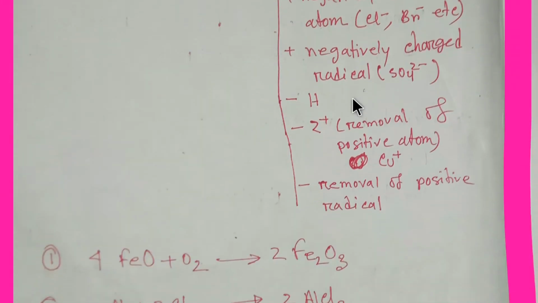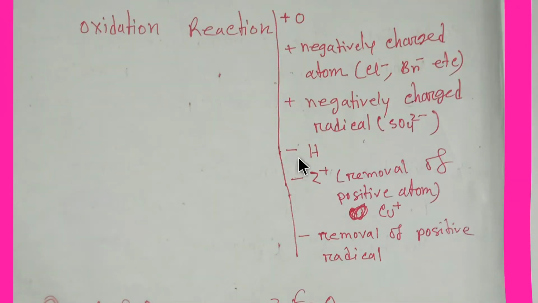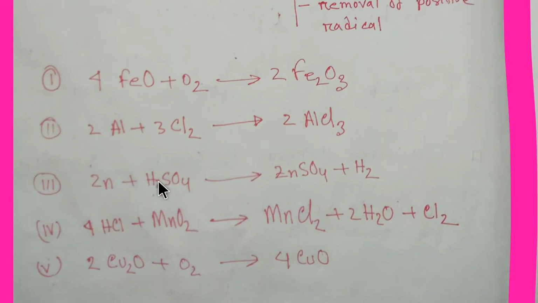Chloride, bromide, or chlorine, bromine. Since chlorine is adding here, this is an oxidation reaction. Or we have seen the removal of hydrogen. You see here the hydrogen is removed from this compound, so we can call that this is an oxidation reaction.